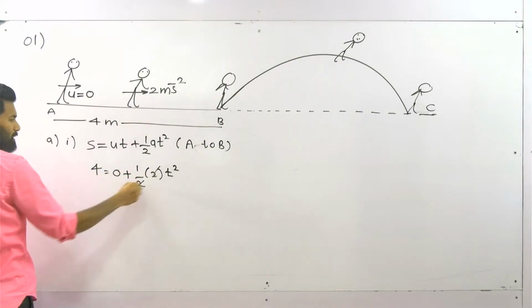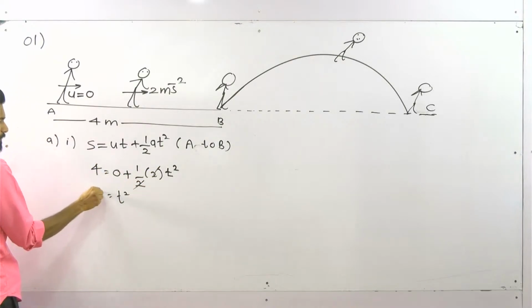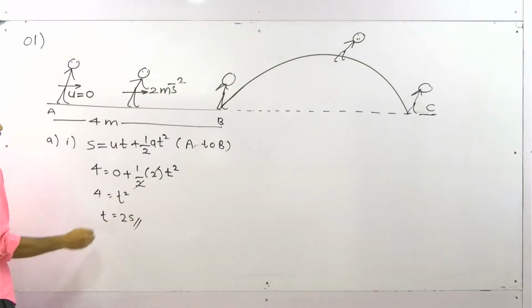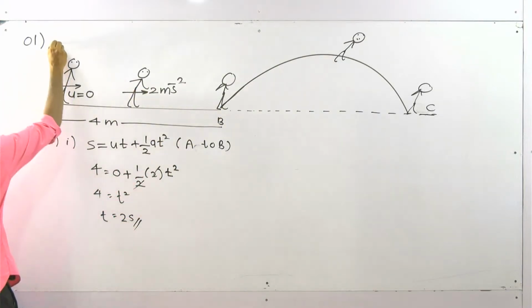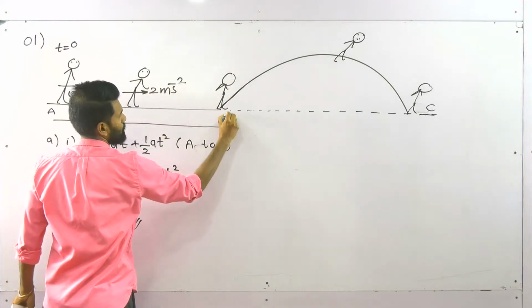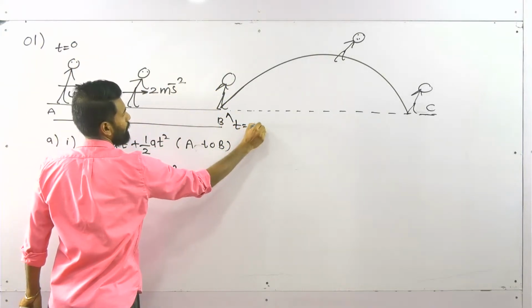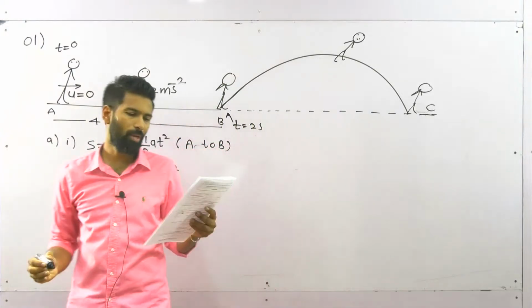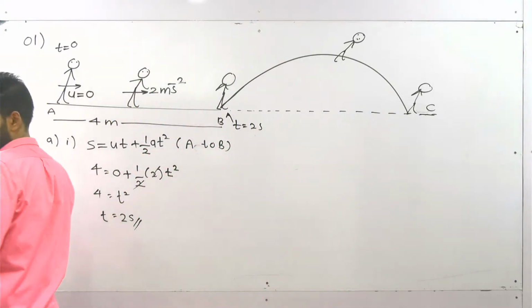Okay, 2 will cancel out. T square is equal to 4. So her running time is equal to 2 seconds. So if t equals 0 here, it will take her 2 seconds to reach the point that she needs to jump. Okay. Then I have given 2 marks for that. I will mention the marks here.